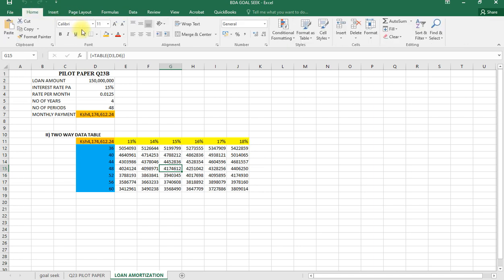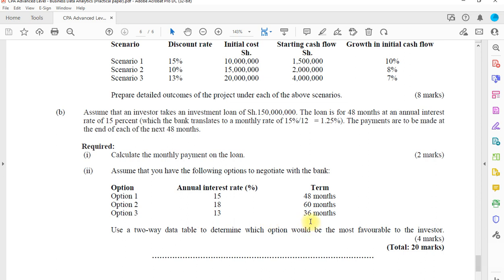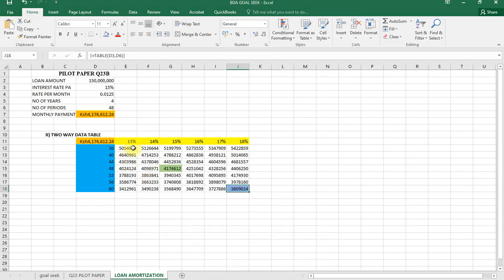I'll use a different color to mark that. That's not very visible, so let me use that light green. So 15 with 48, 18 with 60, and the other one was 13 with 36, this one.